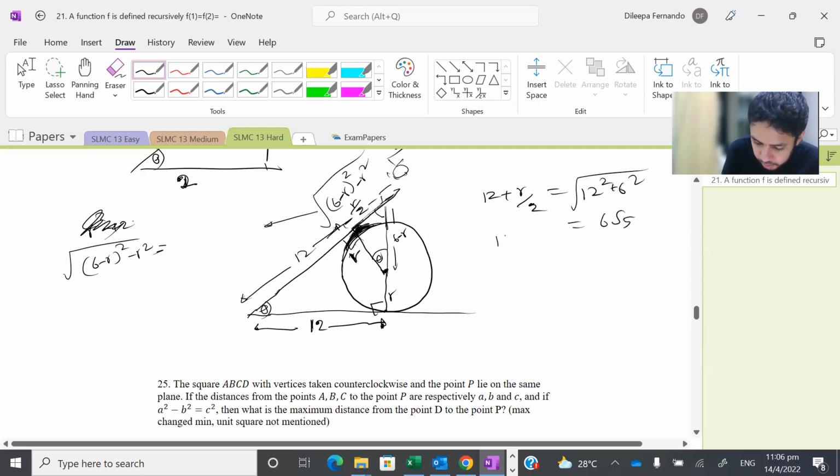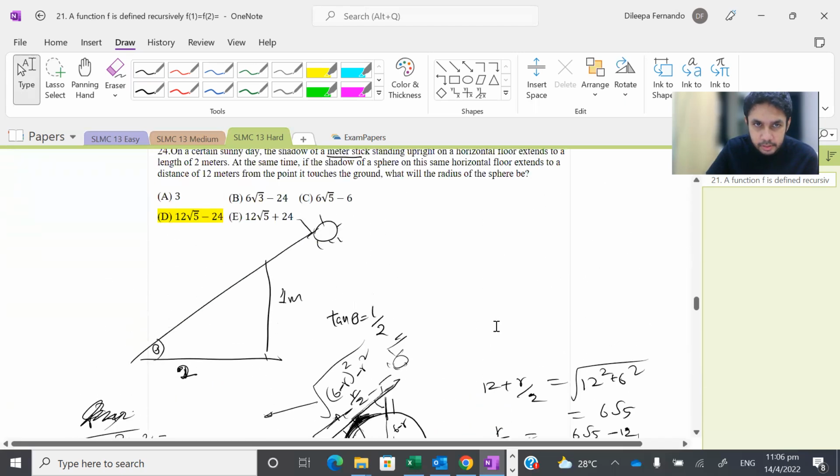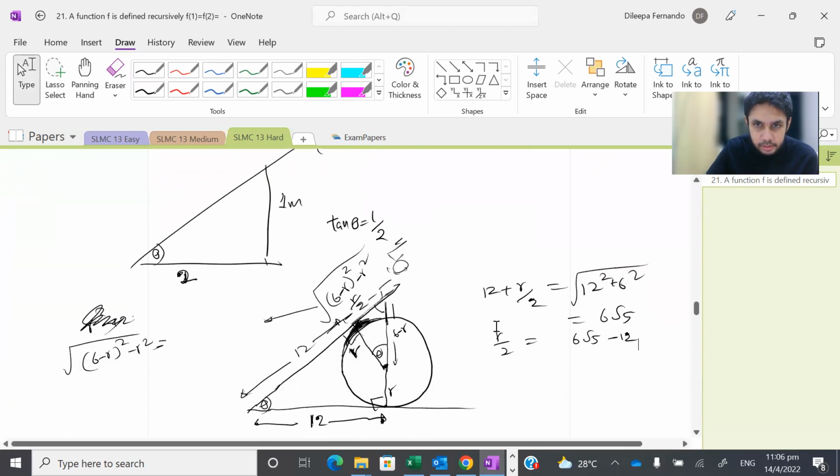So r by 2 equals 6 root 5 minus 12. And r becomes 12 root 5 minus 24.